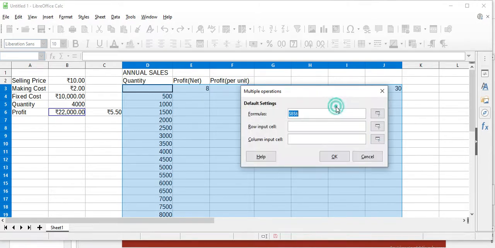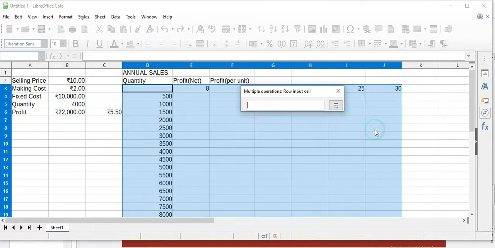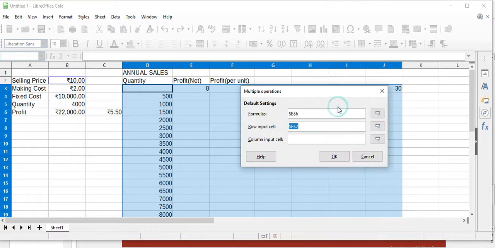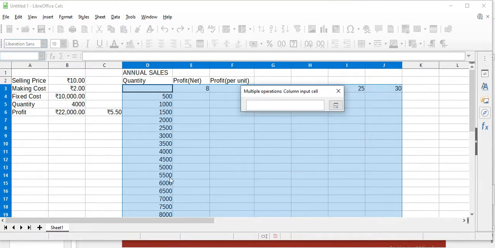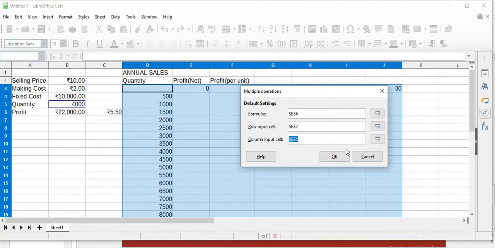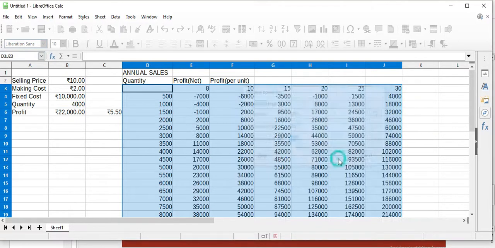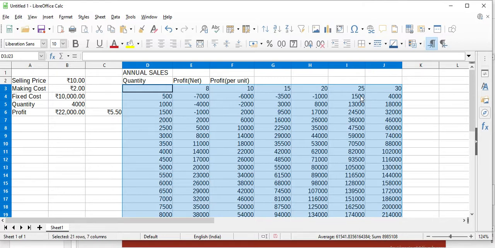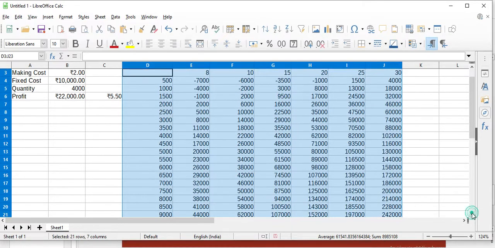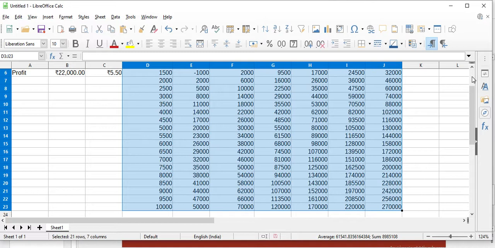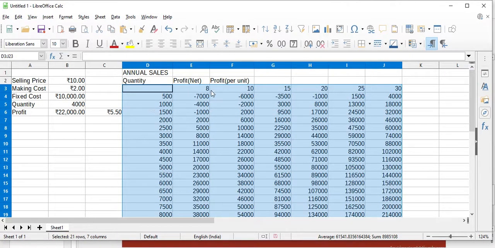Then for input, my input row is the selling price, so I will use the selling price, and my input column is the quantity, so I will use the quantity, and click OK. You will see this is the profit for your overall quantity as per the selling price of your product.